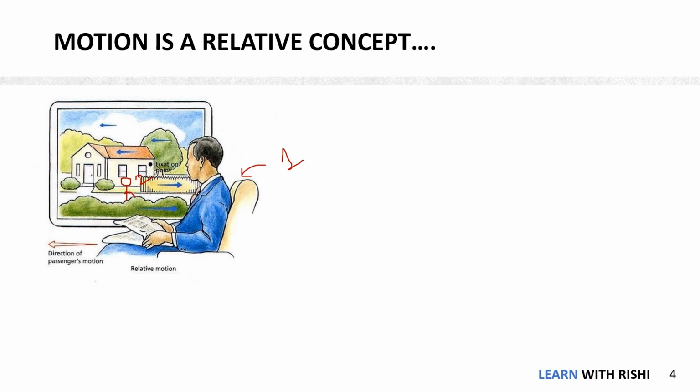But for observer 2 who is standing outside, the train is in motion and the trees and houses are at rest. This is what motion is, a relative concept. So motion of an object depends upon the observer. For one observer, the same object can be in motion, and for another observer, the same object can be at rest.